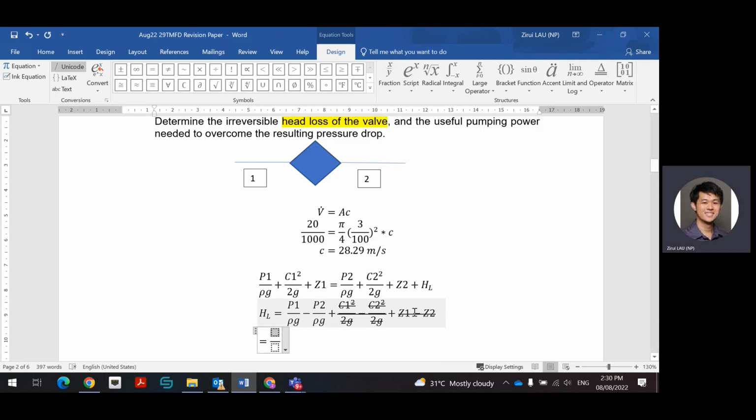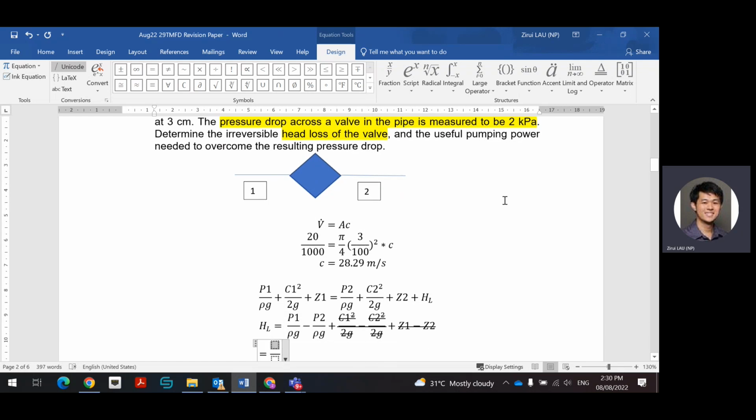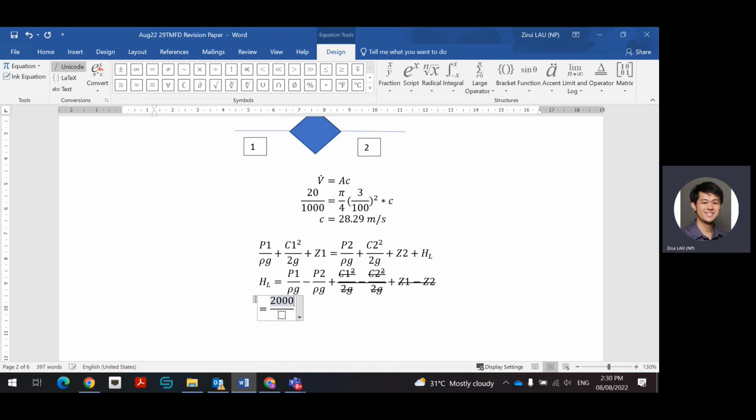And P1 minus P2 given by the question is 2 kilopascal, so 2000. This is water, so divided by 1000 times 9.81. So this one is simply 0.204 meters of water.